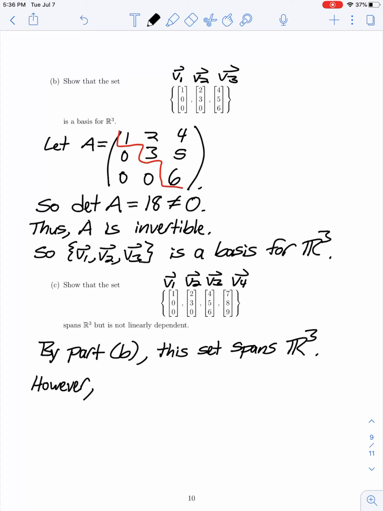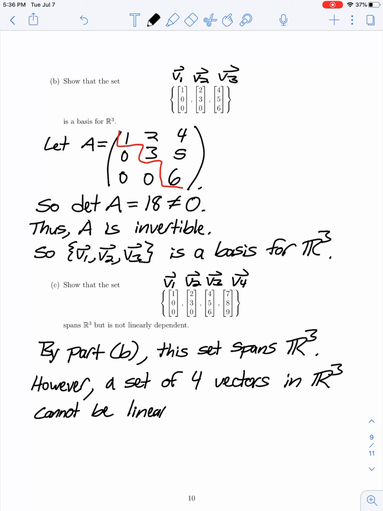So a set of four vectors in R3 cannot be linearly independent by using that result we had seen in chapter 1, which is theorem 1.8.